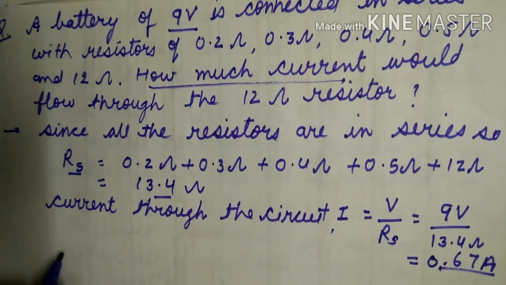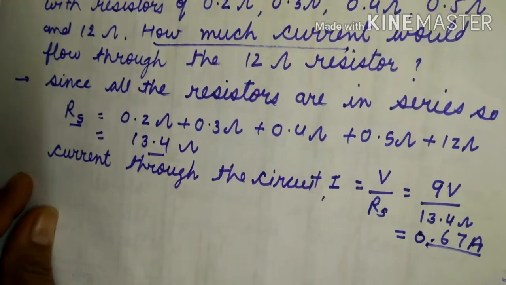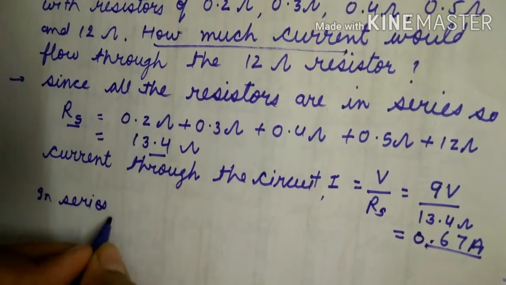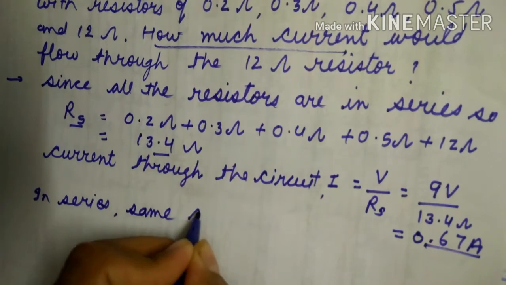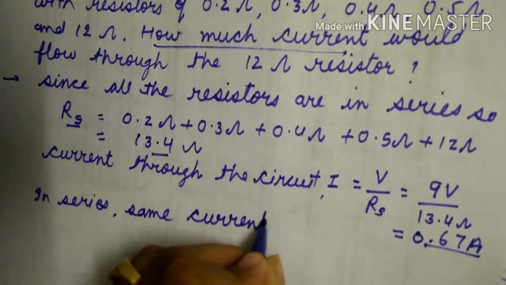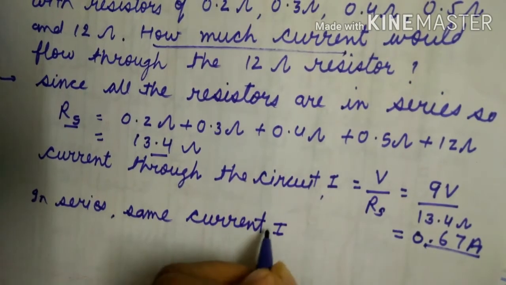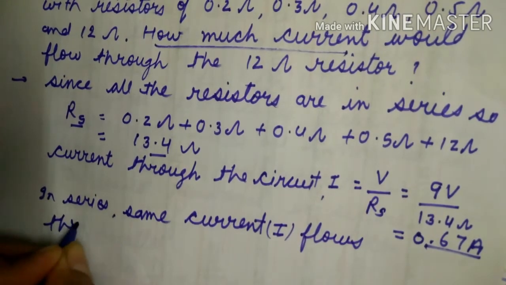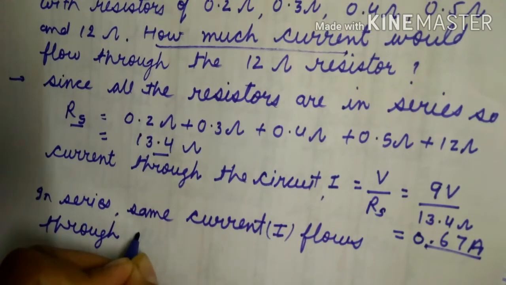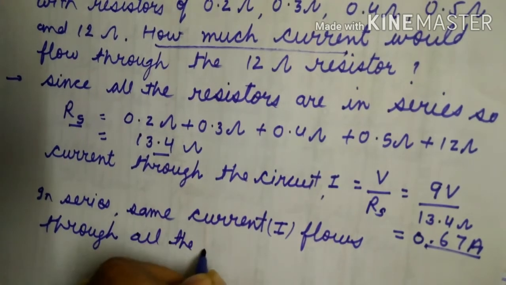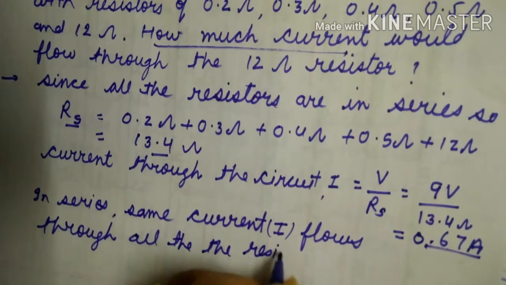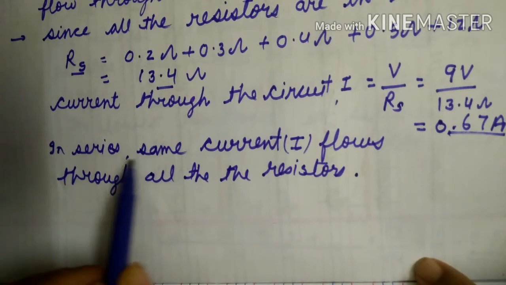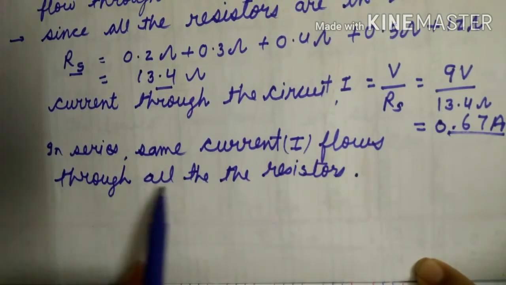Okay, so we can write here: in series, the same current I flows through all the resistors.